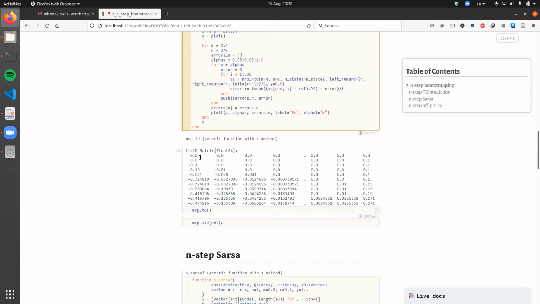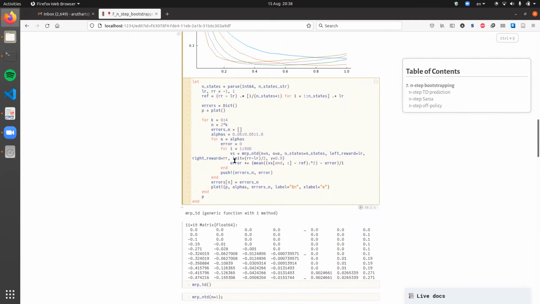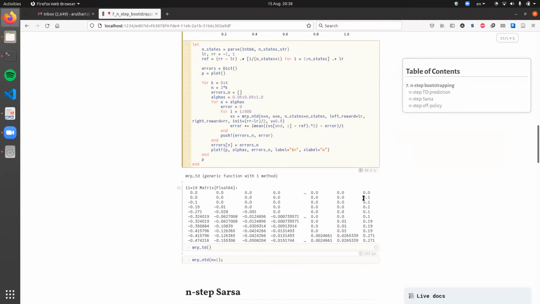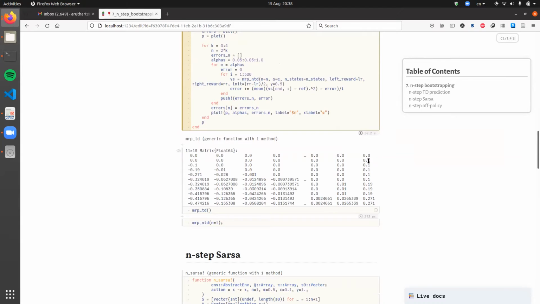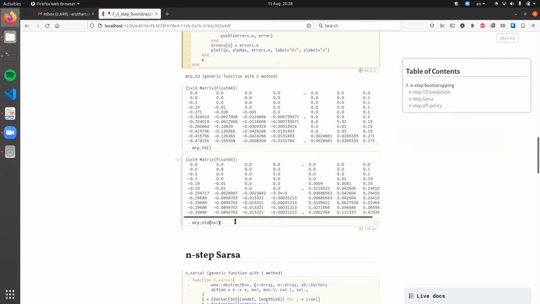We start with zeros everywhere, and then we use alpha of 0.1, and after the first time step, only one state value estimate is updated, and then another one, and then maybe another one, and so on. Okay, and the n-step TD with n equal to 1 is the same as a regular TD update.